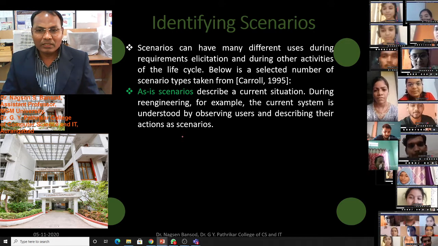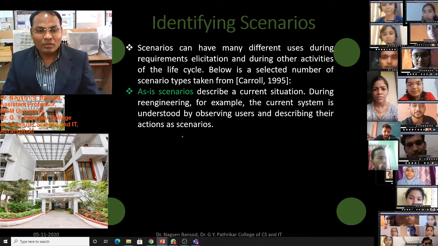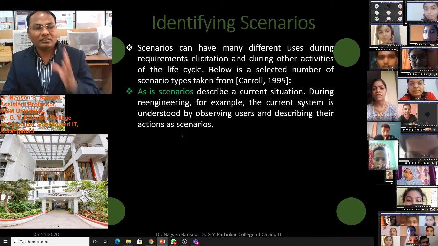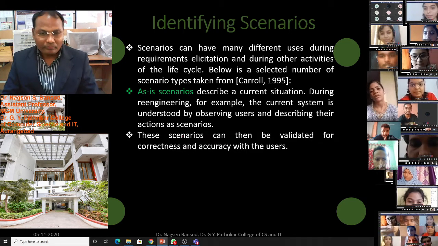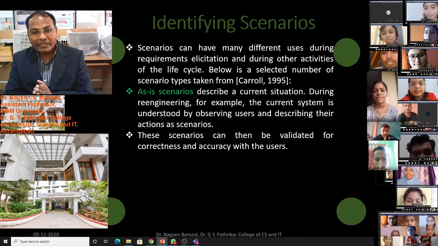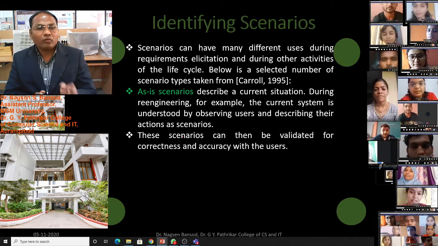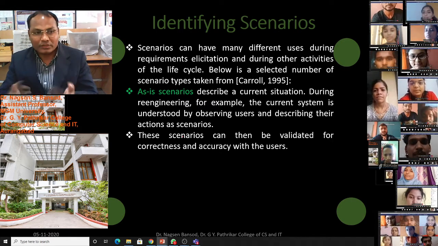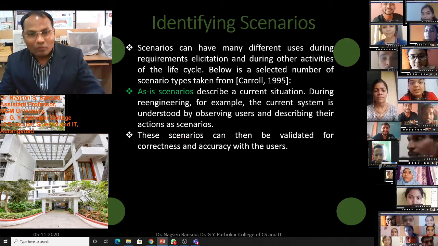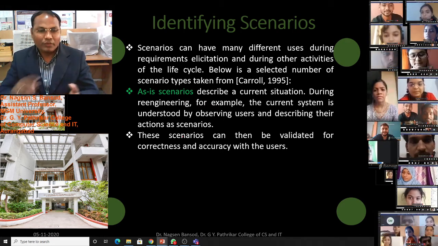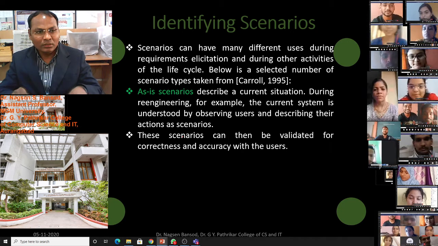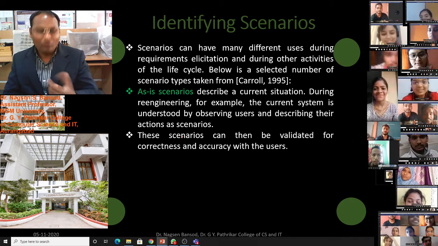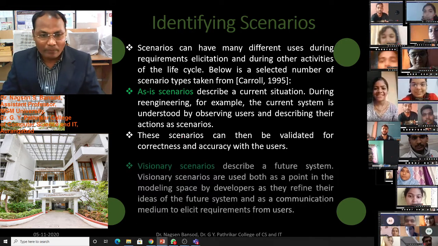For example, the current system is understood by observing users and describing their actions as a scenario. This scenario can then be validated for correctness and accuracy with the user. Once you have found the scenario, we have to talk with the user for its validation.